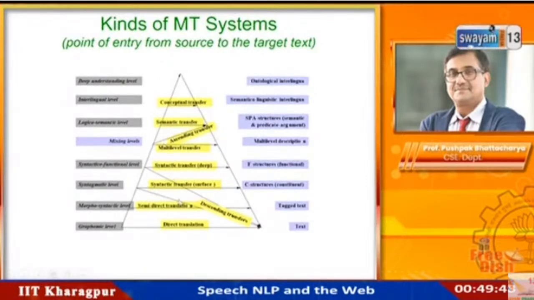Two interesting facts are also this ascending transfer and descending transfer. After analysis, the representation that we get is not sufficient for the generation of the target language, keeping the level the same.